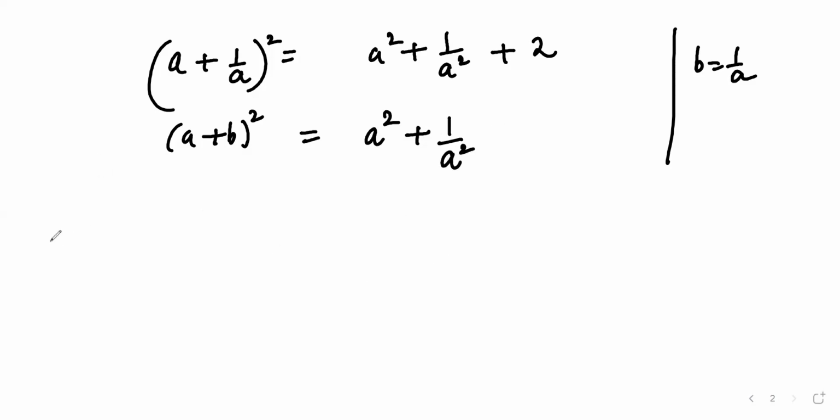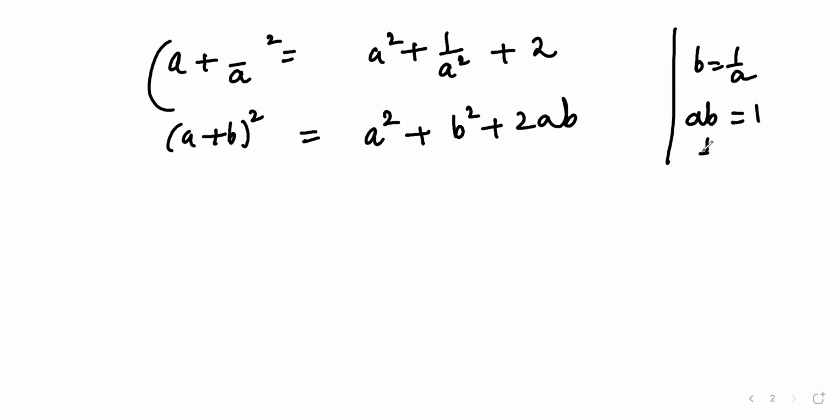I'm just trying to relate this to a square plus b square plus 2ab. Because a into b is equal to 1, because b is 1 by a, right? So technically a into b becomes 1 in this case here. That's what is happening there.